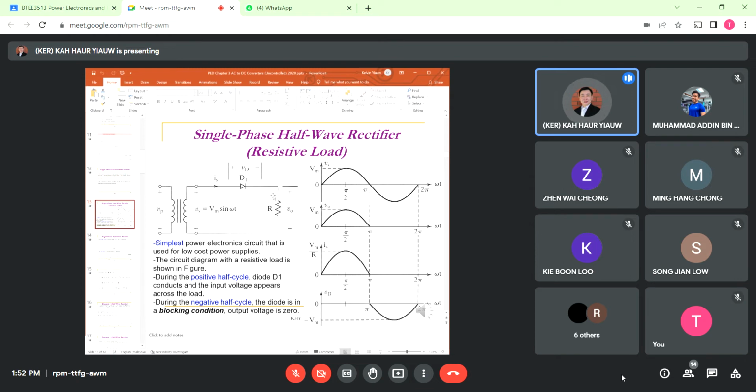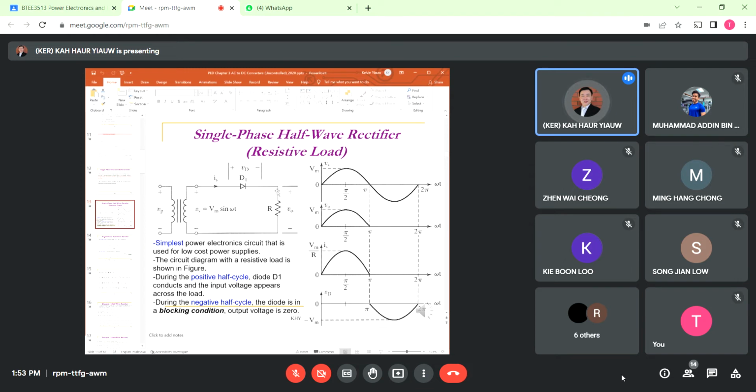If it is a resistive load and I have the diode connected in this direction, then for the first half cycle, when it is positive, the current is flowing in this direction.